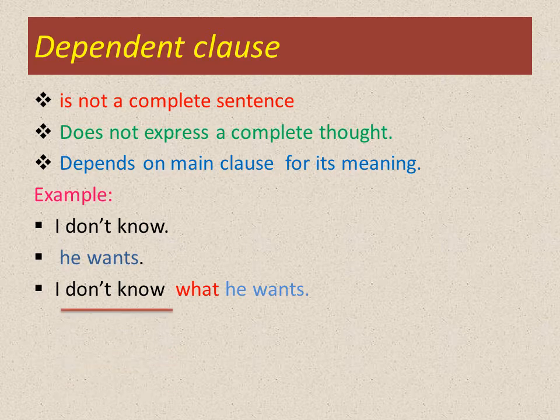Here, I don't know is a main clause because it is giving complete meaning. What he wants is a subordinate clause because it is not giving complete meaning. Now, the subordinate clause is depending on the main clause for its meaning. The subordinate clause is joined with the main clause with a word what.